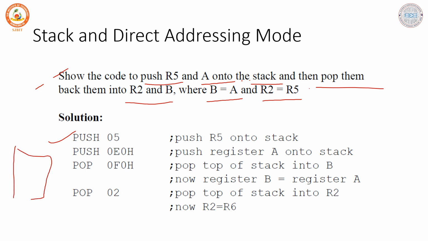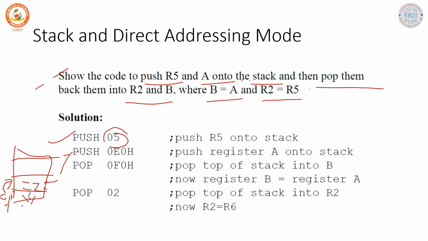The stack pointer points to the content of 05; call it XX, and that value will be loaded in the stack. Next push E0: the stack pointer will be incremented and the E0 content will be loaded, we'll take it as ZZ.